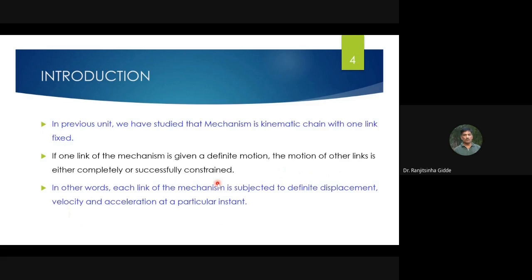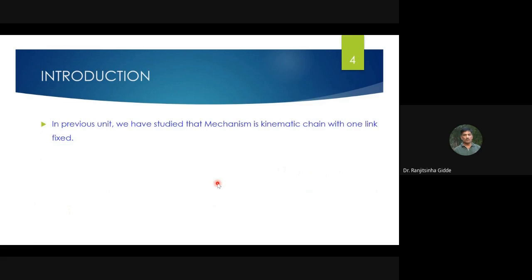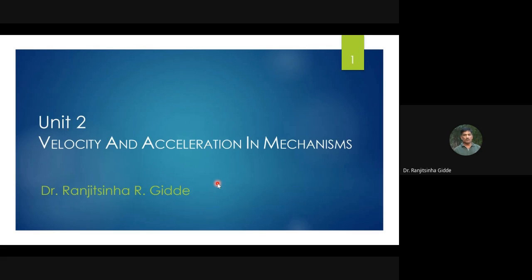So take down, write title of the unit in your notebook, right? Unit number 2, velocity and acceleration in mechanisms.